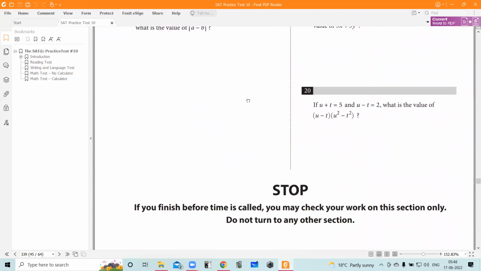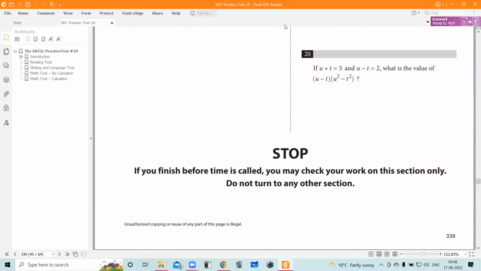Question 20. Well, when I saw this, because I'm doing this test paper for the first time, it immediately gave me some indication of identities.